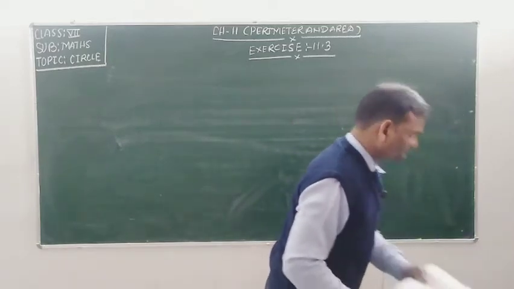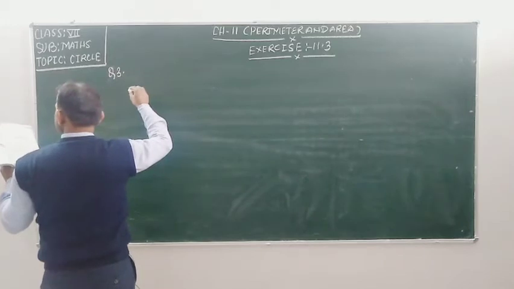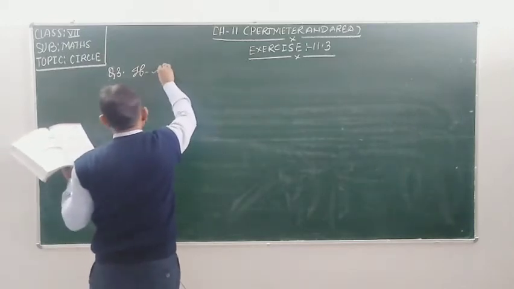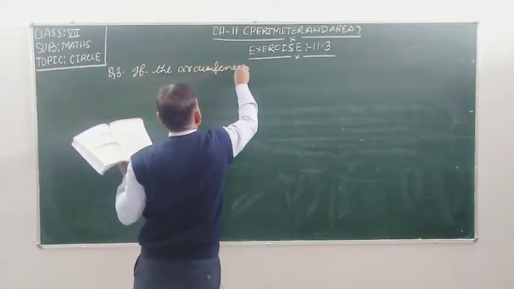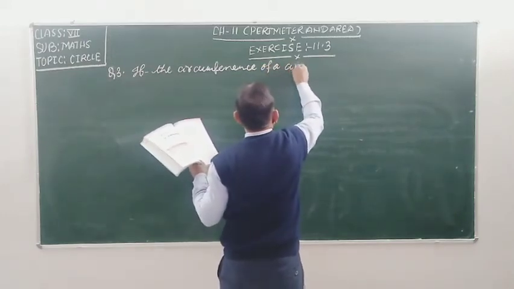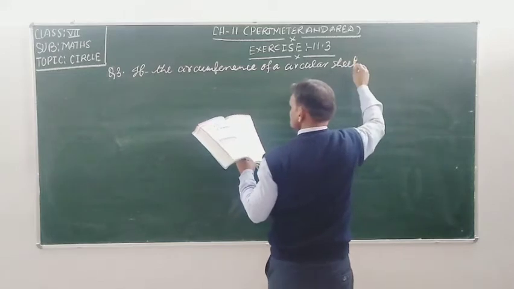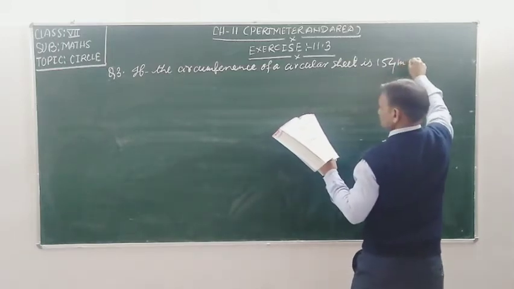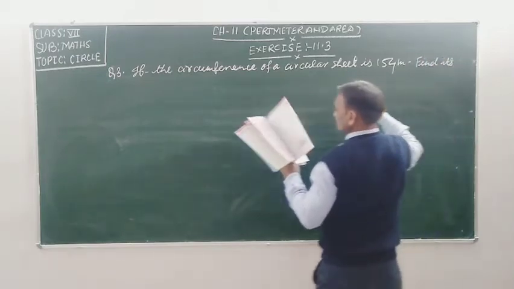Question number 3 is saying, student, if the circumference of a circular sheet is 154 meter, find its radius.